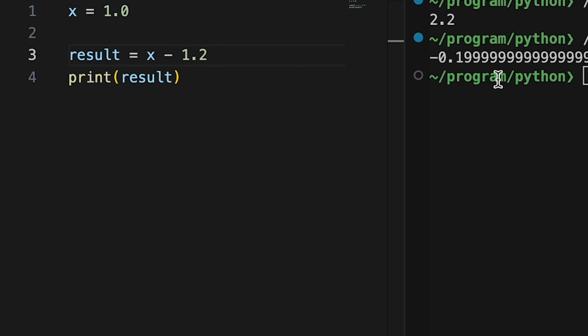So specifically, decimal numbers like 0.1, 0.2 cannot be exactly represented in binary, which results in rounding errors when performing calculations. So the calculation x minus 1.2 produces this answer as a result of these internal binary approximations.